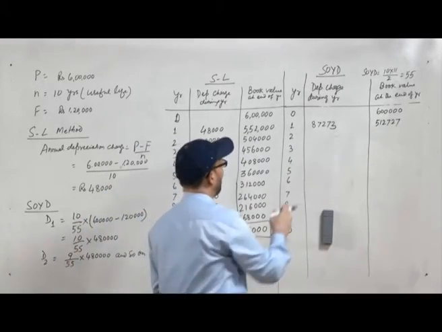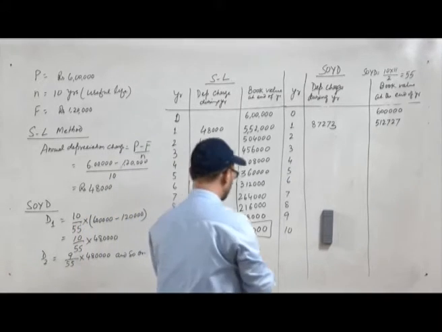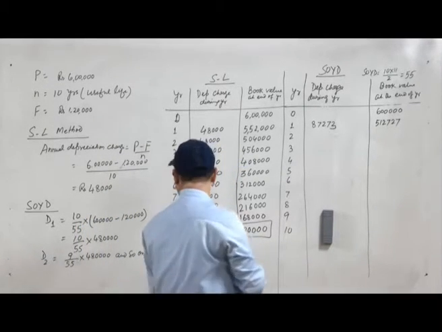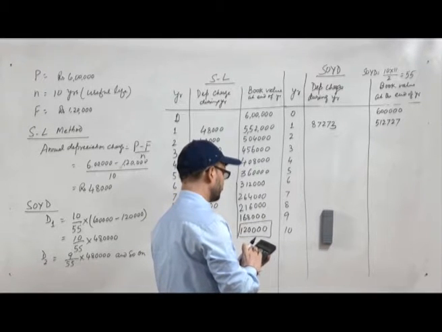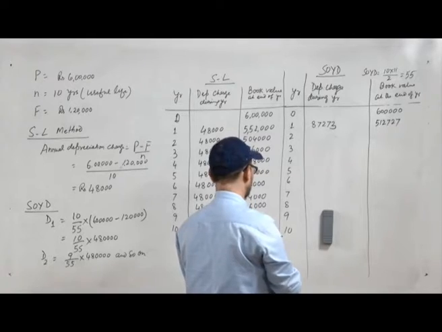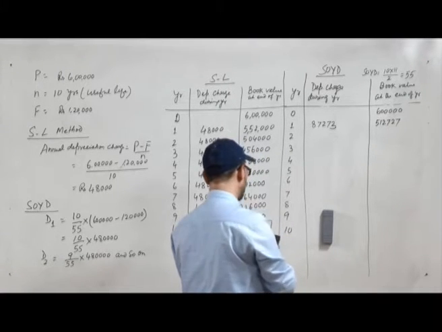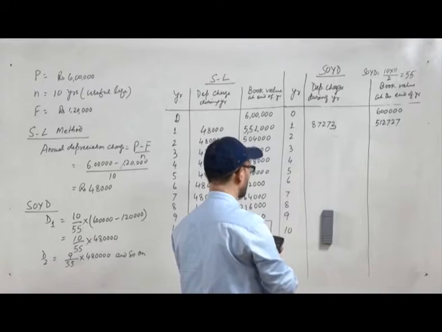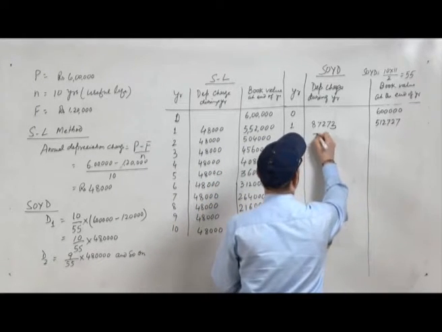Now, we will have the second year depreciation. The second year depreciation will be 9 by 55 into 4,80,000. So, it will be 78,545.